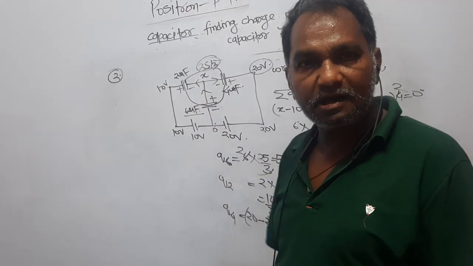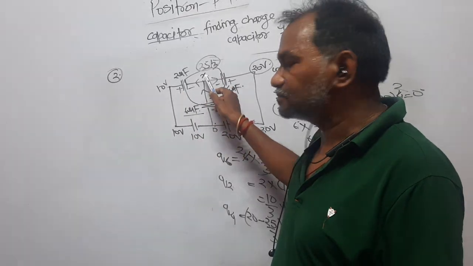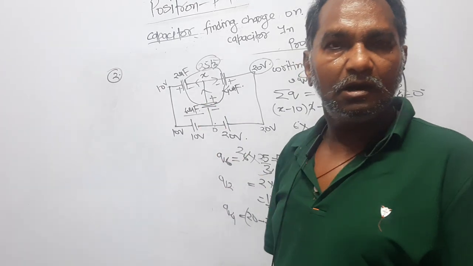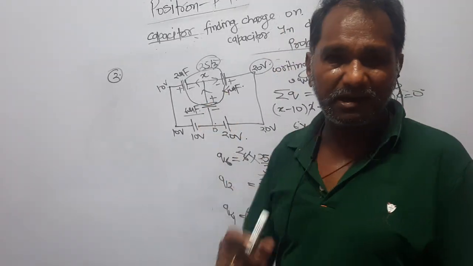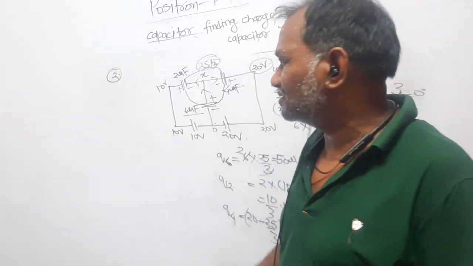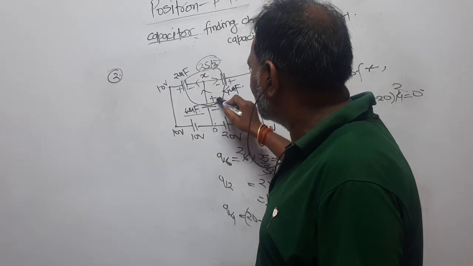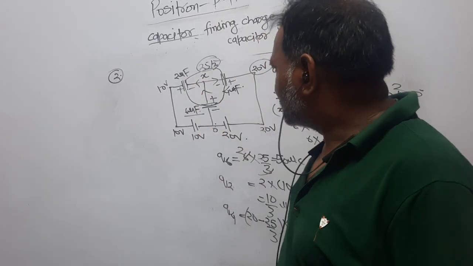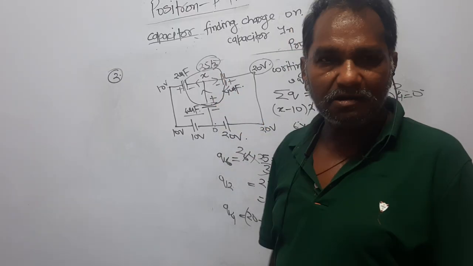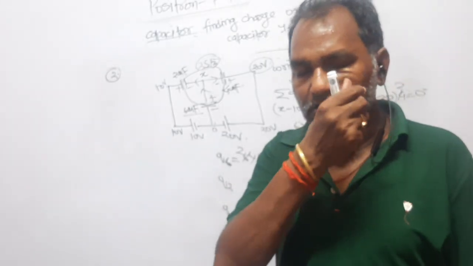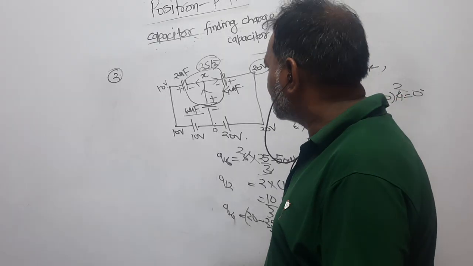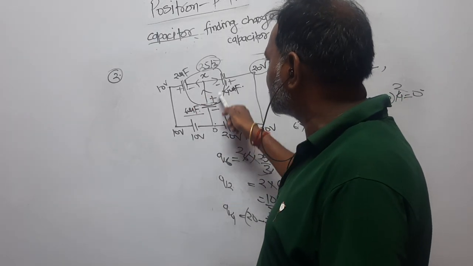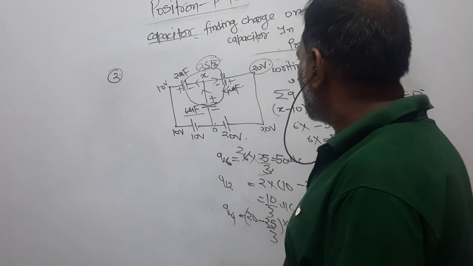We cannot say anything about this point. That is why I have assumed it to be x. So I have written the nodal equation for x. Nodal equation for x means summation q equals 0. These three plates have nothing to do with the external world, they are isolated, so you can write summation q equals 0.